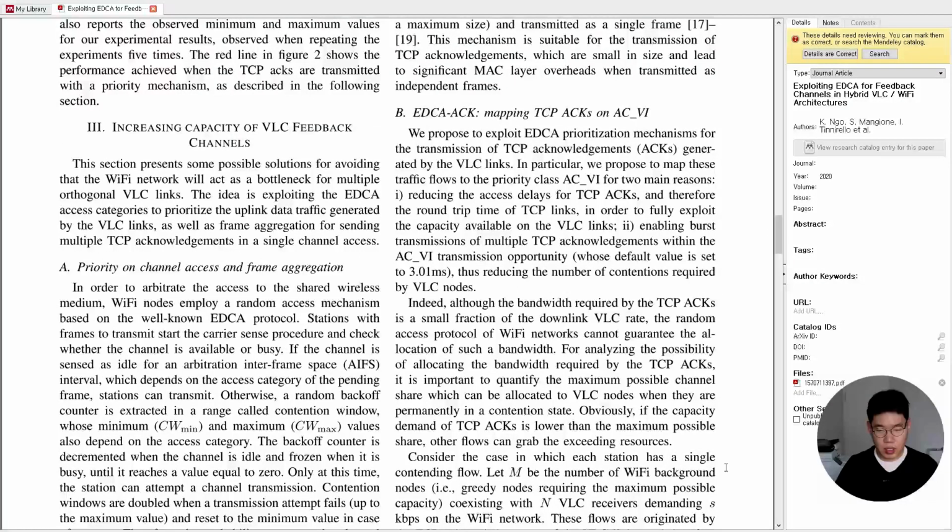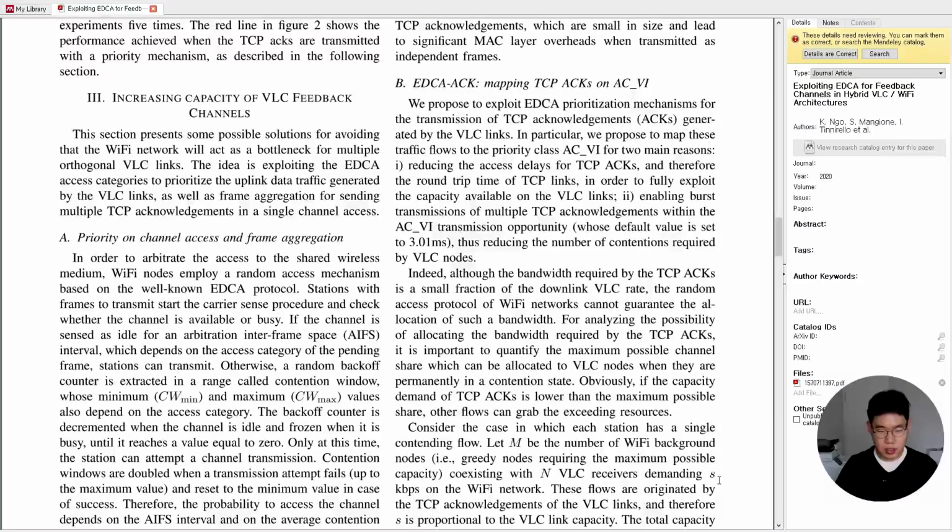Consider the case in which each station has a single contending flow. Let M be the number of Wi-Fi background nodes, for example, greedy nodes requiring the maximum possible capacity, coexisting with N VLC receivers demanding S kbps of the Wi-Fi network.